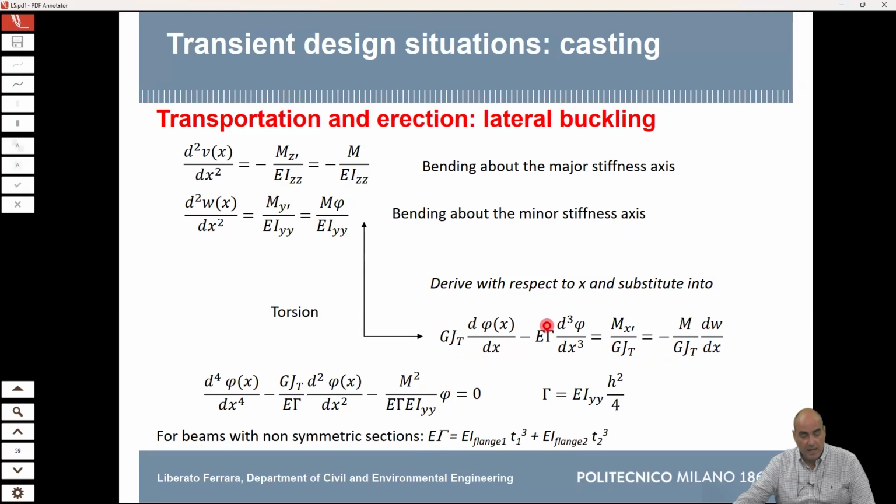Same thing as before, take the derivative of this once, and then replace this into here. You end up with this equation here. Actually, this equation is a little bit more complicated than the equation before.